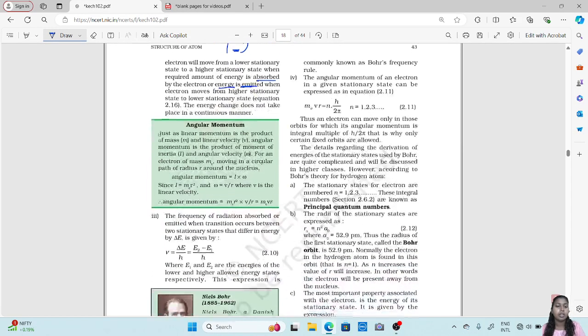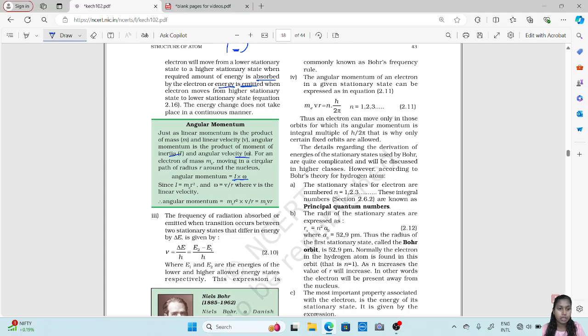What is angular momentum? Just as linear momentum is the product of mass and linear velocity, angular momentum is the product of moment of inertia and angular velocity. For an electron of mass me moving in a circular path of radius r around the nucleus, angular momentum is equal to I times omega, that is inertia and angular velocity.